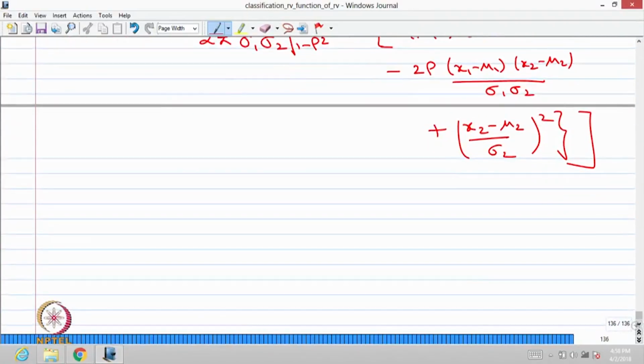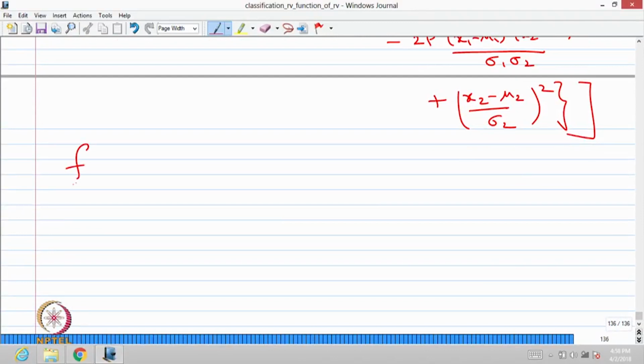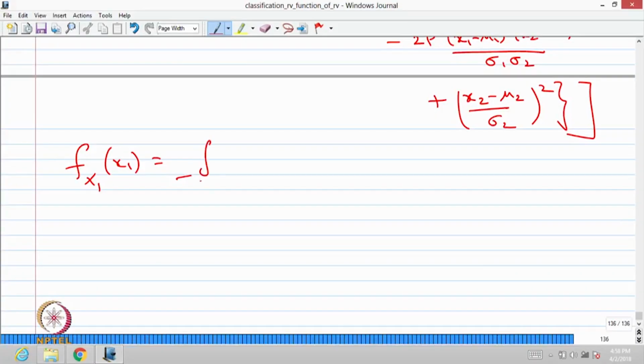But irrespective of whether the random variables are independent, we can get the marginal distribution of the random variable x1. From the joint you can always get the marginal by integration with respect to the other variable, that is, minus infinity to infinity of the joint probability density function of x1, x2 with respect to x2.